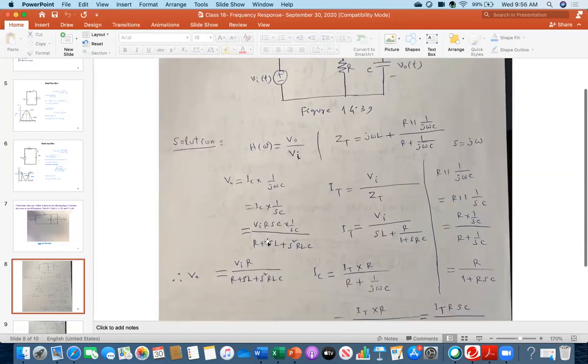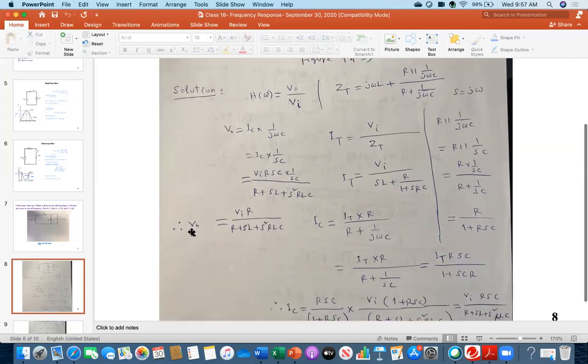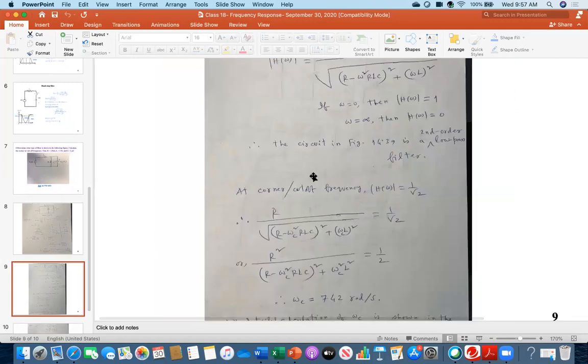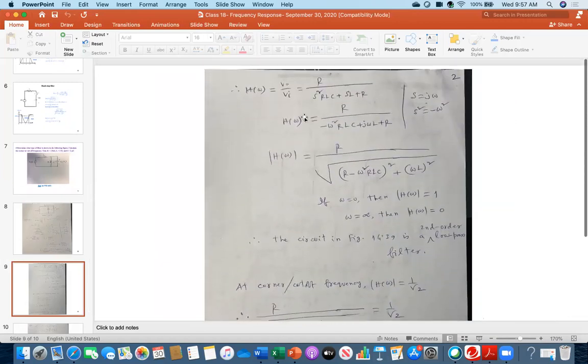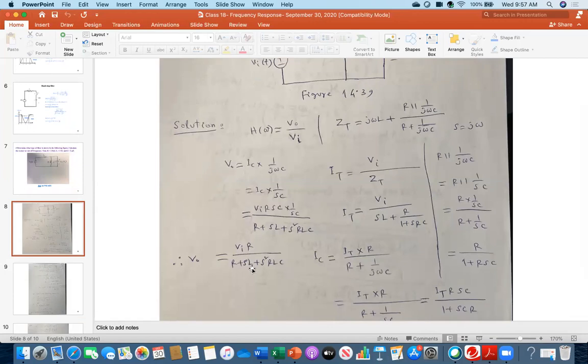So, sorry, after simplification, finally I am getting this one. So here you can see the transfer function, V naught over Vi. Therefore, in the next slide, I am writing that one: H omega is V naught over Vi, R over this one. So ultimately this one.